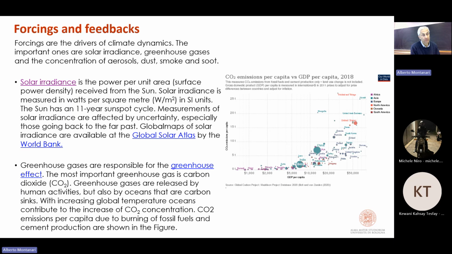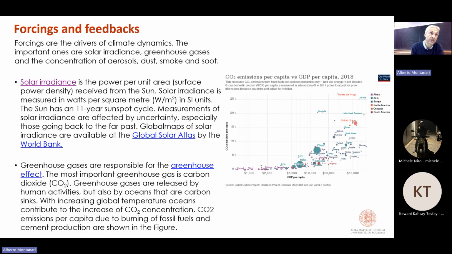About the CO2, one important thing, the oceans are a very important sink of CO2. They can absorb CO2, and then the consequence is an increase of acidification. The ocean can also release CO2, and in particular with an increase of temperature, the oceans release a lot of CO2.